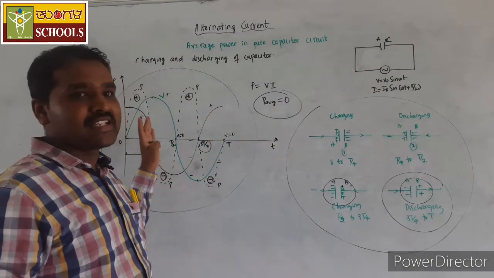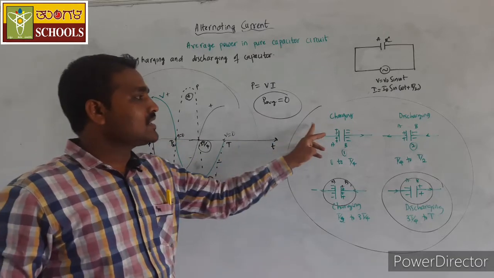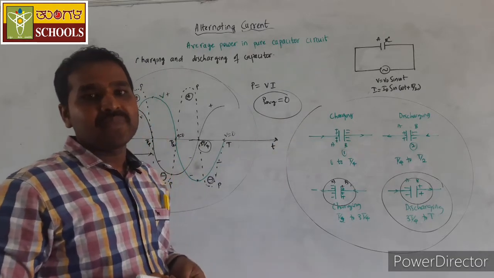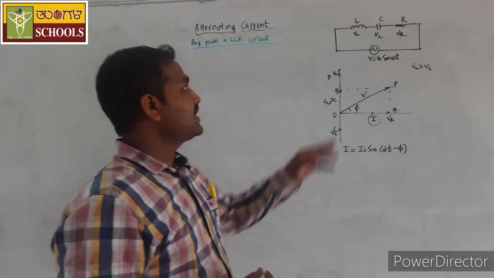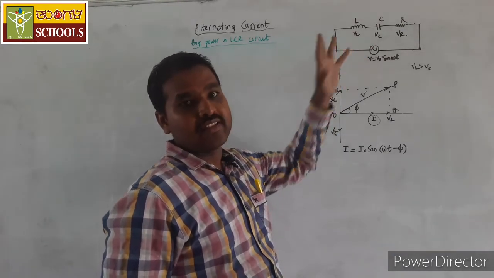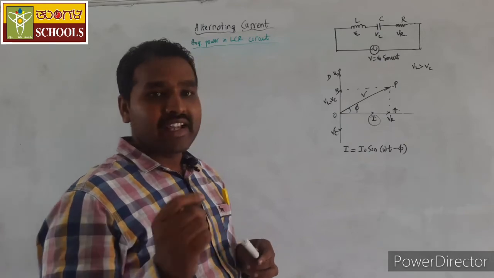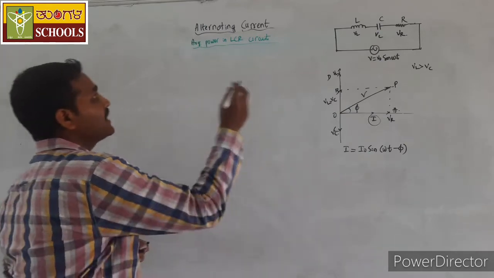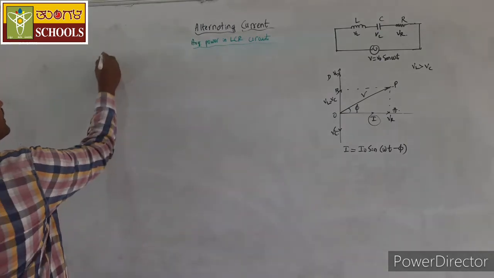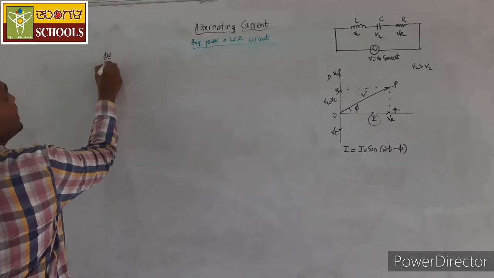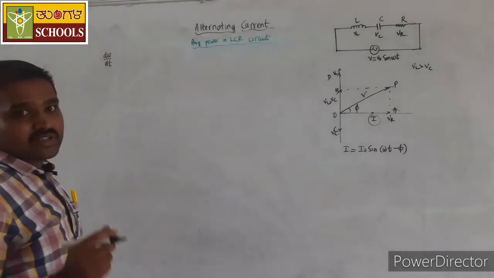Because of this changing current, there is continuous charging and discharging of the capacitor. To maintain the current I through this LCR circuit, there is some work done. Let the rate of this work done to maintain the current through the LCR circuit be given by dW by dt, which is nothing but power.